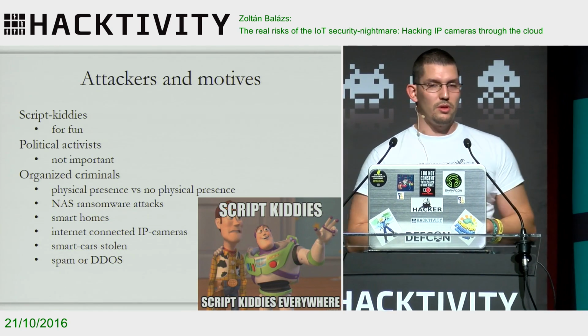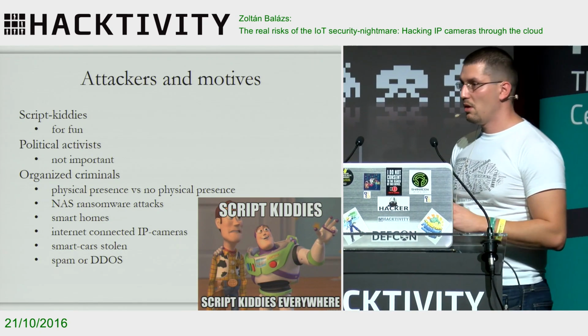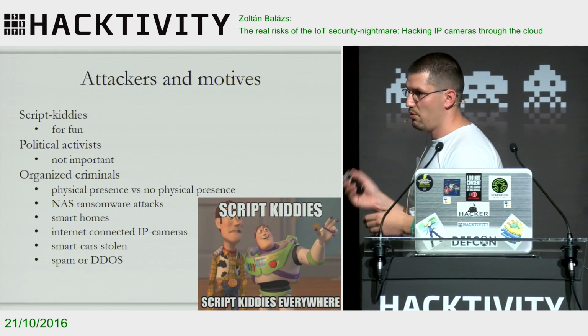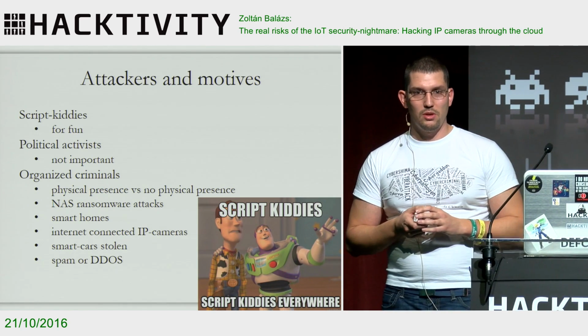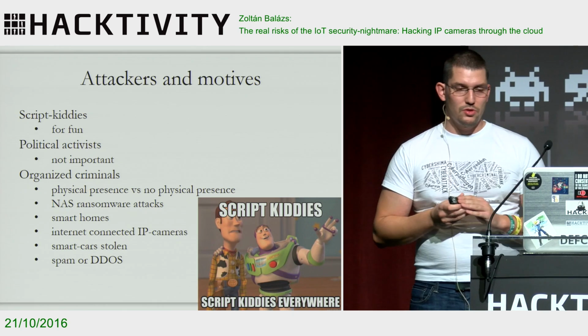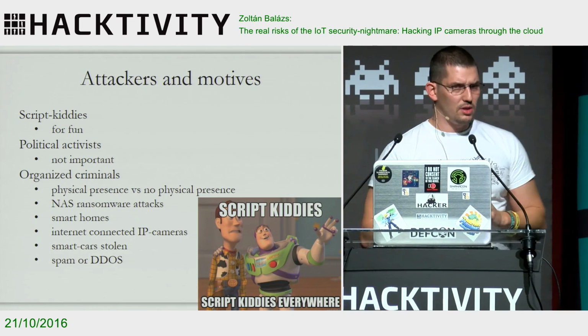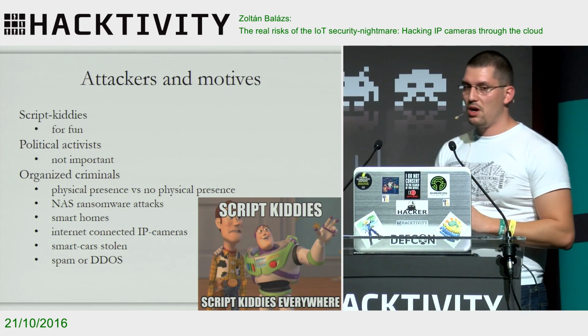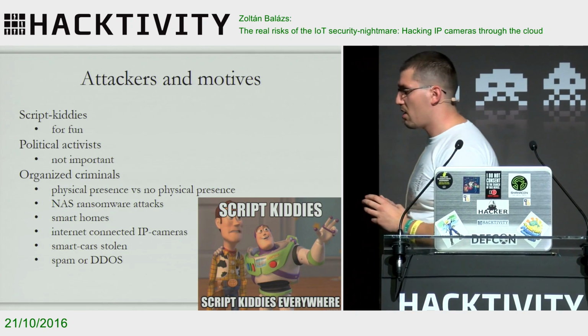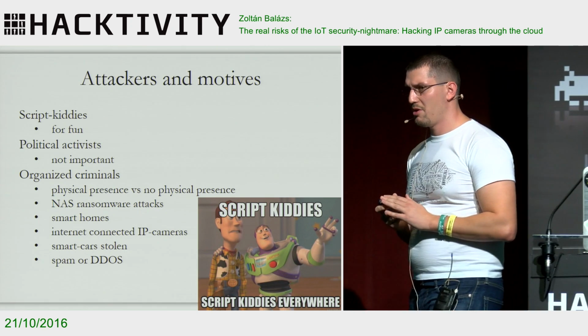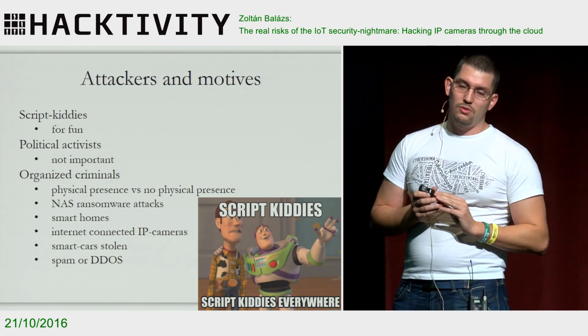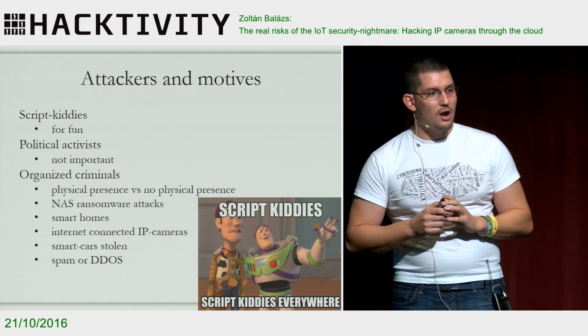If you are talking about, for example, internet-connected cameras, you can see that it can be used for spying, or it can be used in DDoS attacks, which is really, really bad. There was also a case, I think, this year that a smart car had a wireless access point, and through this wireless access point, the thieves were able to steal this car.